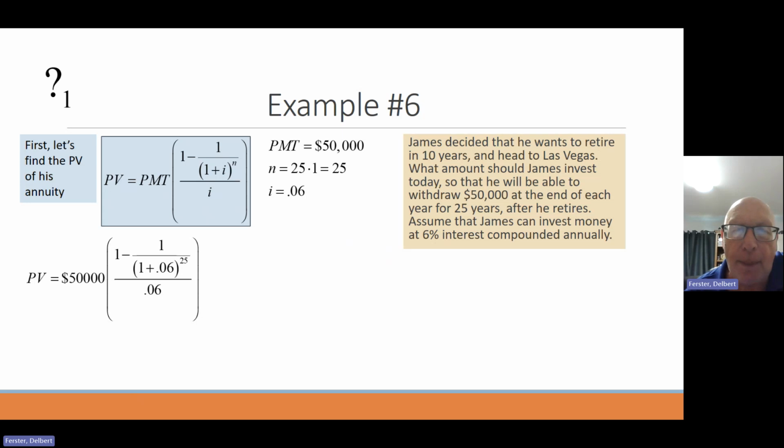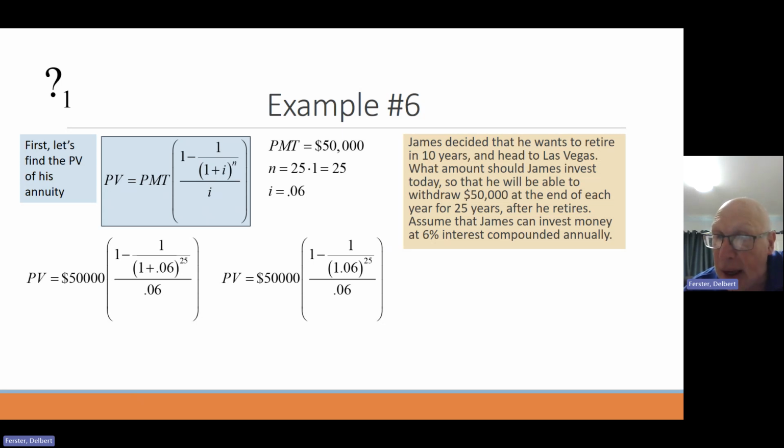All right, so there's your plug-in numbers. 50 grand going in for payment. That's how much he aspires to pull out each year. The 1.06, you're going to be so proud of me on my next click. You betcha. 1.06. I'm not averse to punching that in one shot. If you don't want to do that, you could sequence it. If you are going to put it in one shot, the parenthesis stuff's pretty significantly important. So I said, grab your calculator, rock and roll.